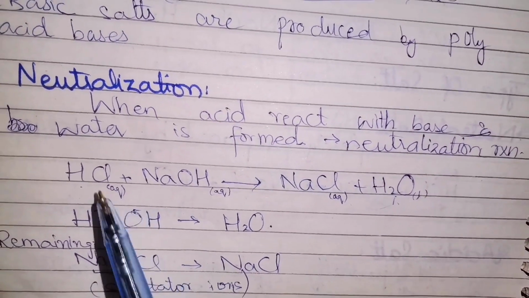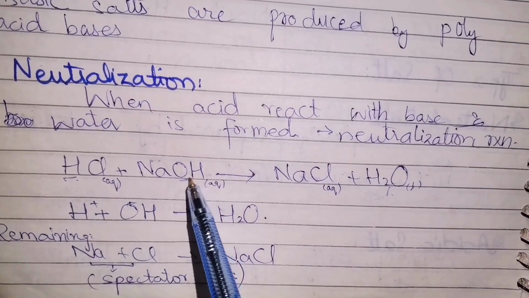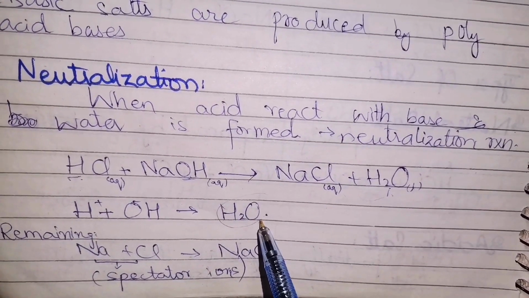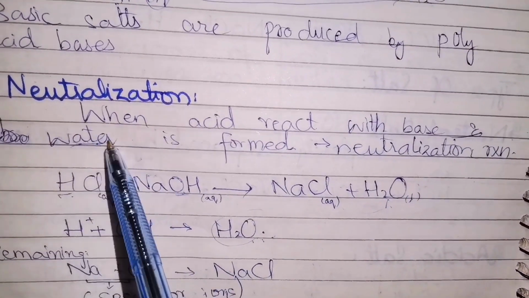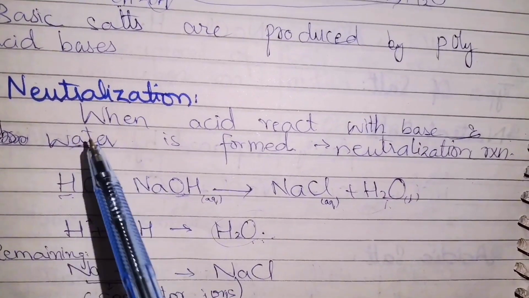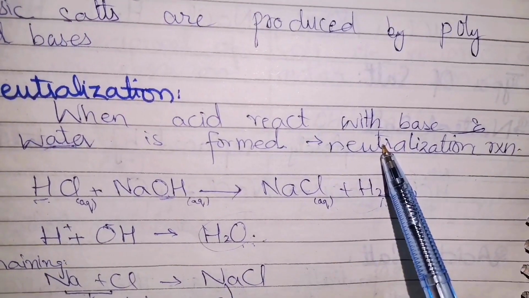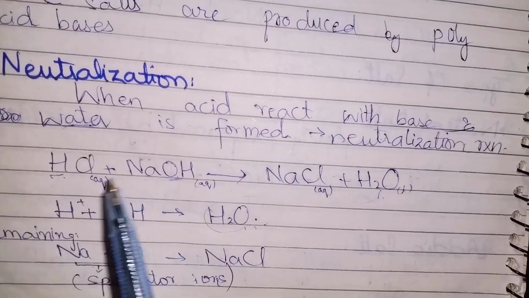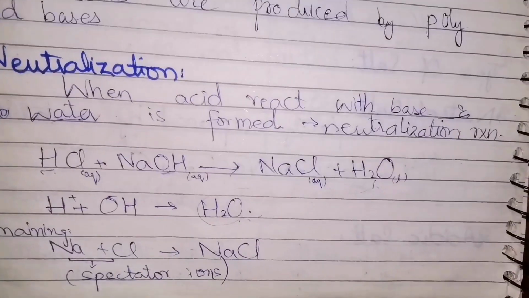Here, what is happening in the reaction is that this H positive is reacting with OH and producing H2O, right? We are saying that when acid reacts with base and water is formed, we are not talking about the salt over here, we are just talking about the water, and we said that such kind of reaction is known as neutralization reaction. So in this case, the remaining ions that we are having are the Na positive and Cl negative.